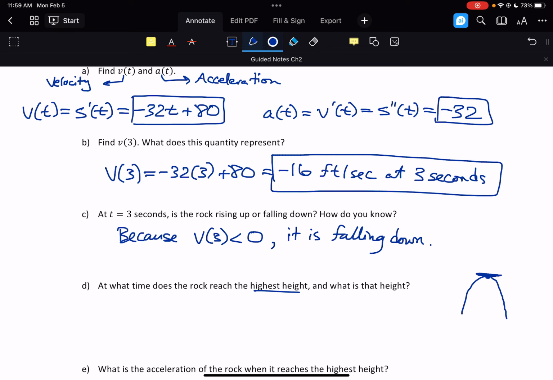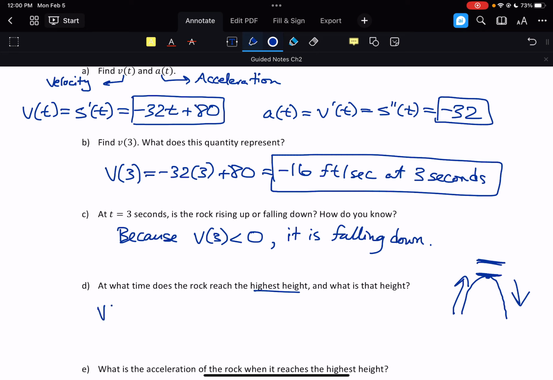If you think back to the example we just did, this is where the slope of the tangent, or the derivative, is 0. In terms of velocity, velocity is positive here, it's negative here. It had to hit 0 somewhere in between. There's this one moment in time where it had to stop before it starts coming back down again.